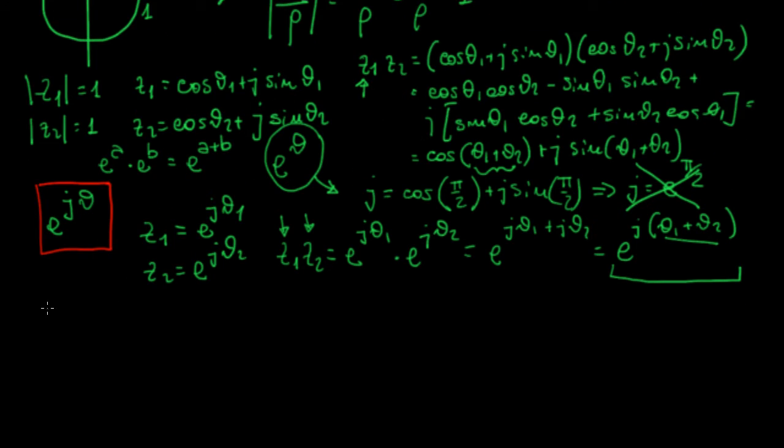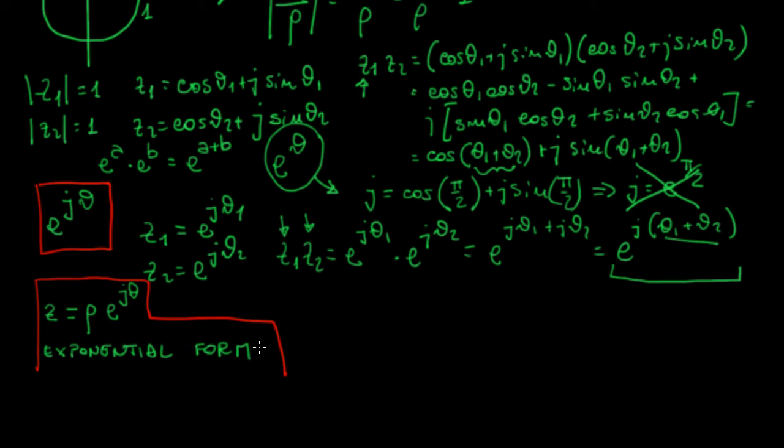So for each complex number z, this can be written as rho times z over rho, but z over rho is a complex number with modulus 1, so it can be written as rho e raised to j theta. And this is what we call the exponential form of a complex number.